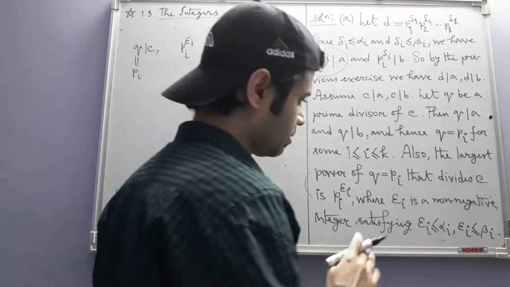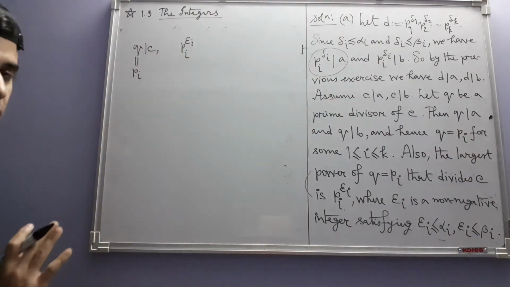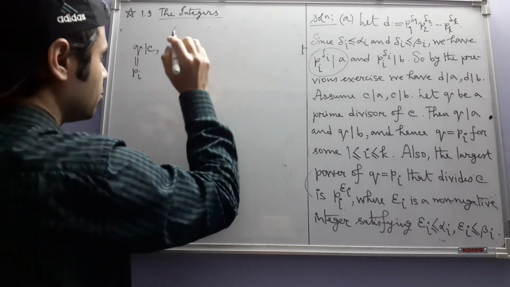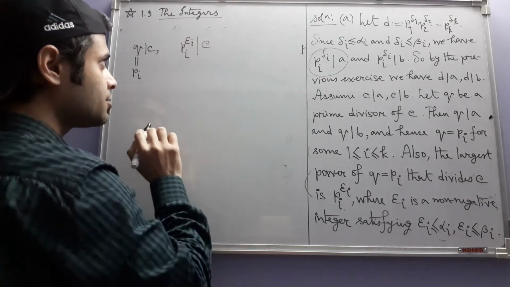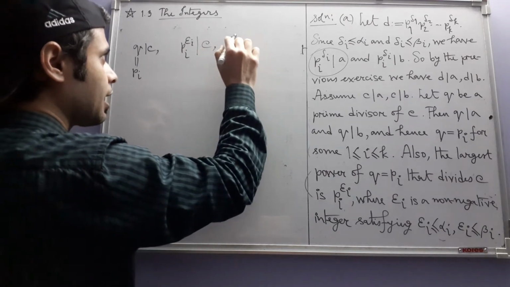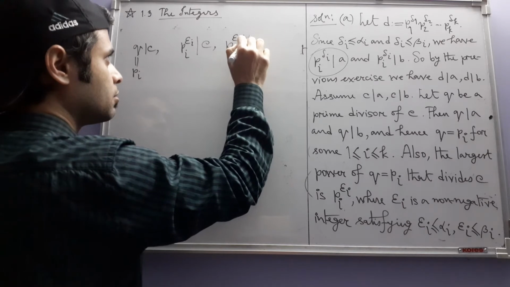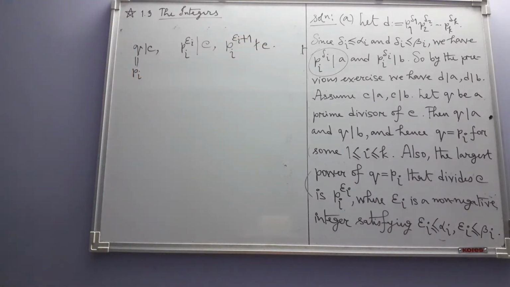We can write positive also, right, because Q divides anyway. So Pi to the power epsilon I, where epsilon I is such that this condition is true and any higher power does not divide C. That's what epsilon is.